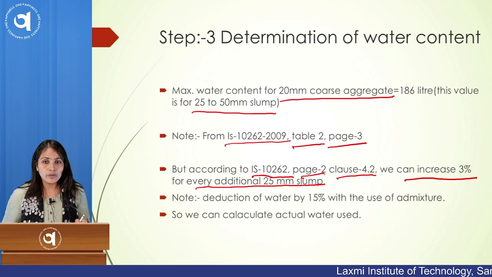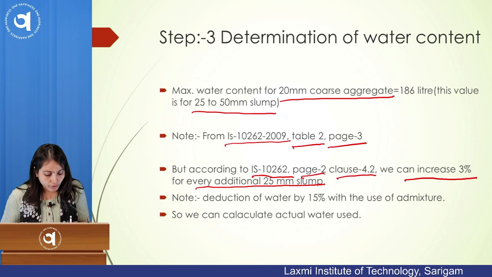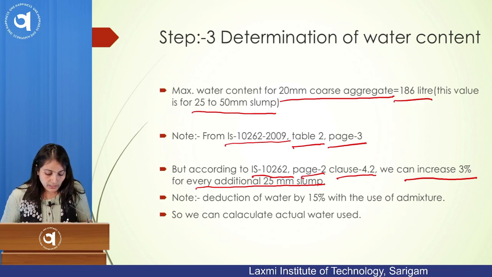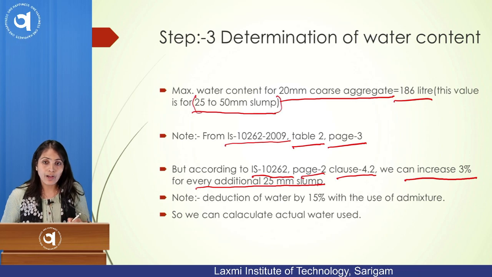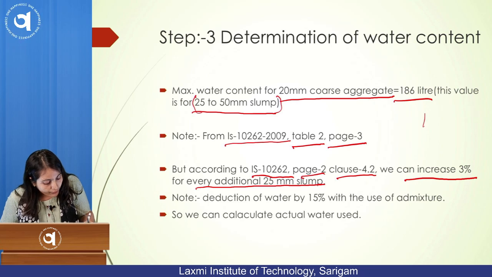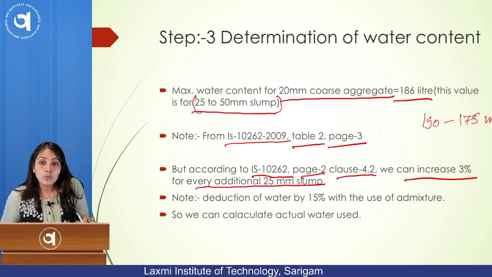So here we will increase the amount of water for every 25 mm slump. Water is 186 liters for just 25 to 50 mm slump, but we have to calculate the water content for 150 to 175 mm slump as given in our question.